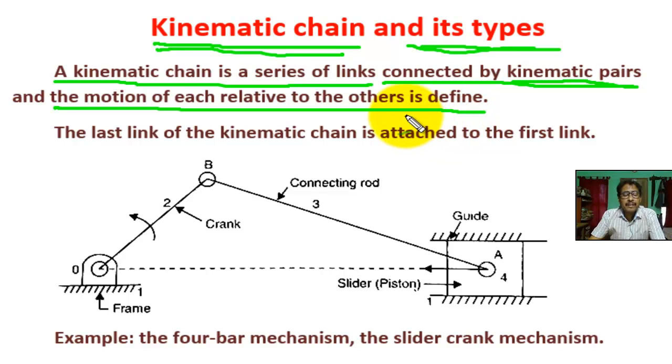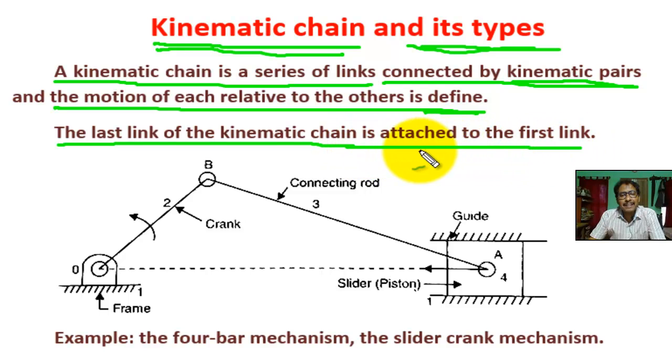Defined means each link always has the same type of motion, may be sliding motion, may be turning motion. The last link of the kinematic chain is attached to the first link.